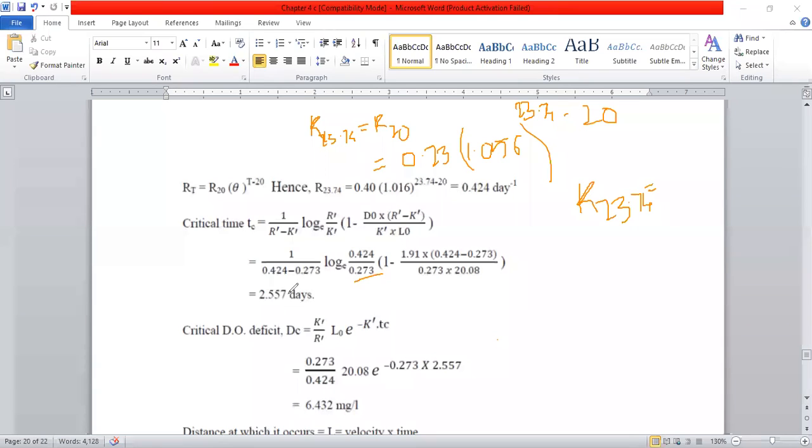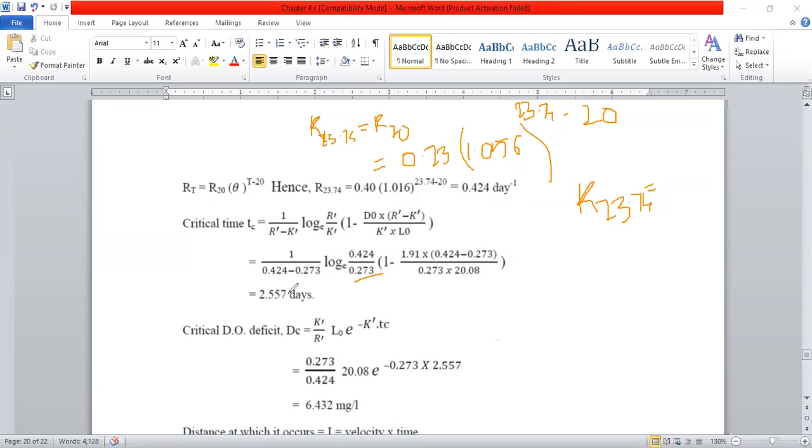Same values of r and k. Then 1 minus the value of D naught you have calculated above, 1.91, into r dash minus k dash upon k dash into L naught. The value of L naught you have calculated, that is 20.08. From that you can determine the critical time Tc in days, and that is 2.557 days.